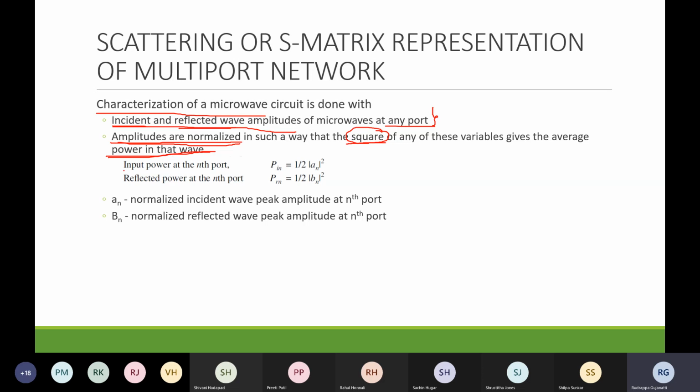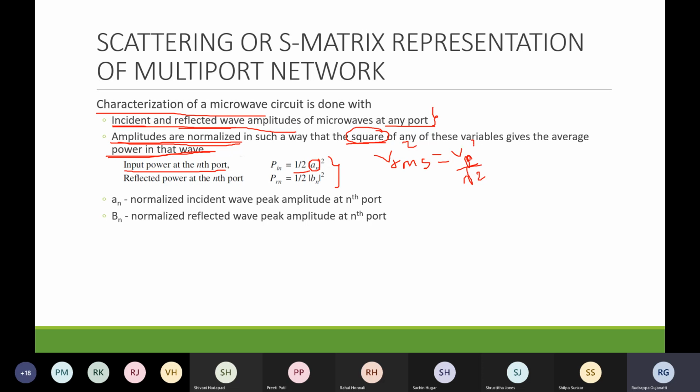So if I consider the input power at the nth port, it will be equal to the magnitude of an squared divided by two. Now, why this half comes is because this is actually an RMS relation. We have VRMS, which is given by V peak value divided by square root of 2. And when we take power, we have to consider the square.